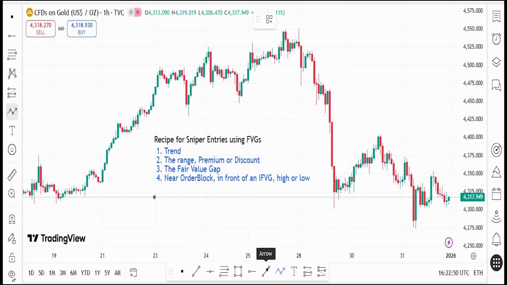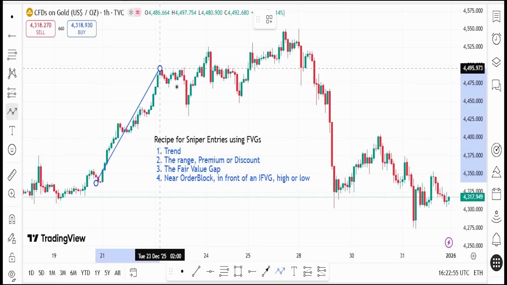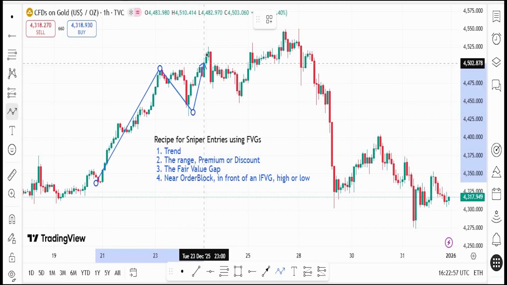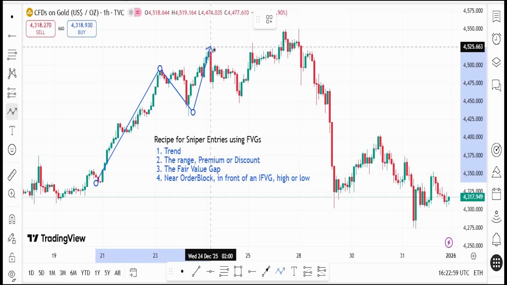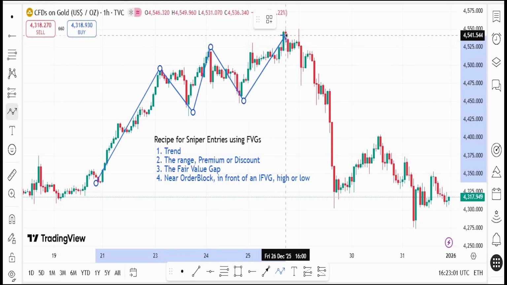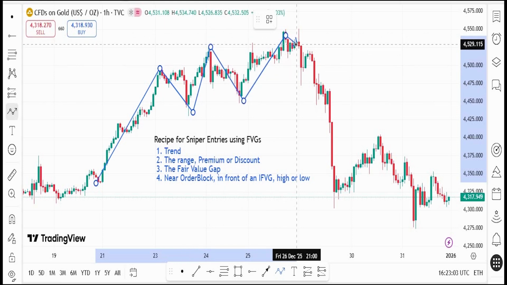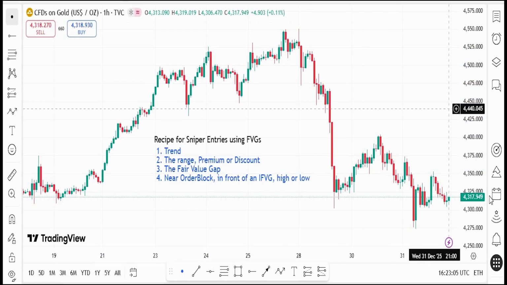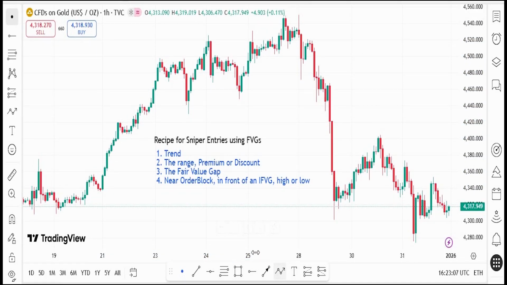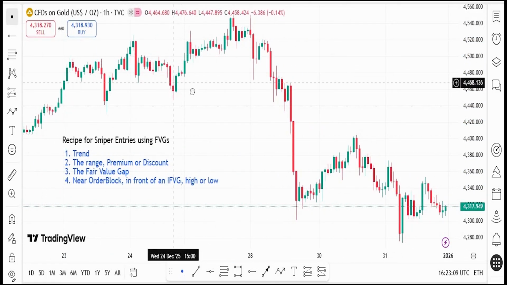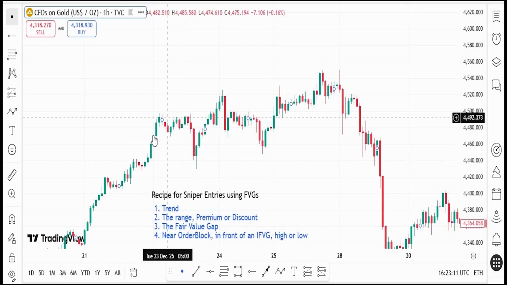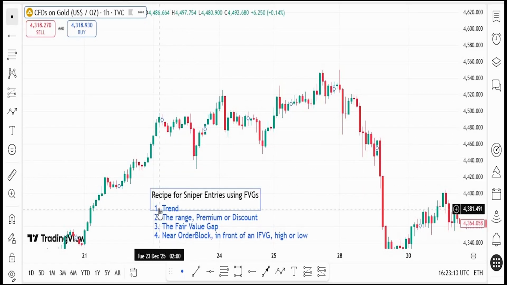So according to this recipe for sniper entry, it is a clear uptrend. I have also given this example in my previous video, but as it showed up, I am showing this example to you again. So we are having an uptrend fulfilling the first criteria.